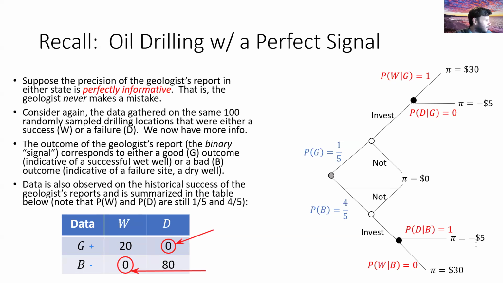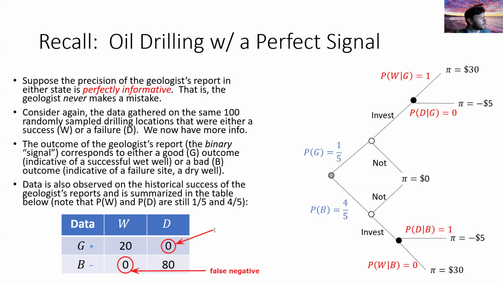Specifically, in the bottom left situation, where the geologist gives a negative signal, even though it's a good state, should have given a positive but gives a negative. This is an example of a false negative.